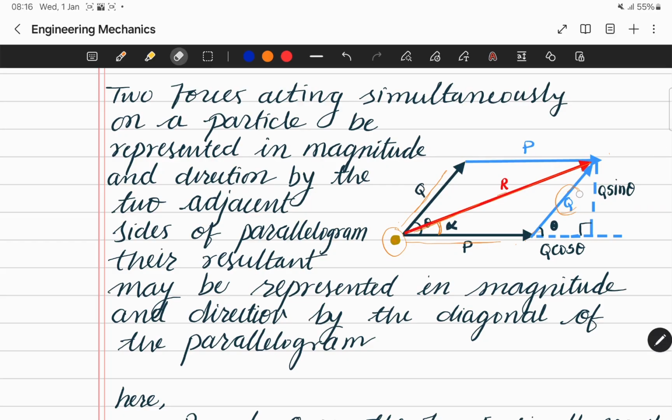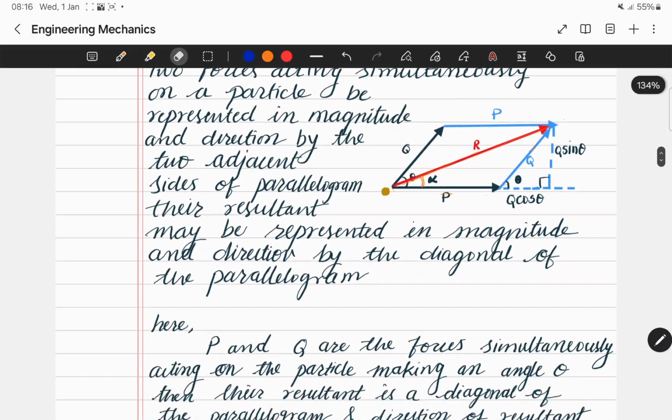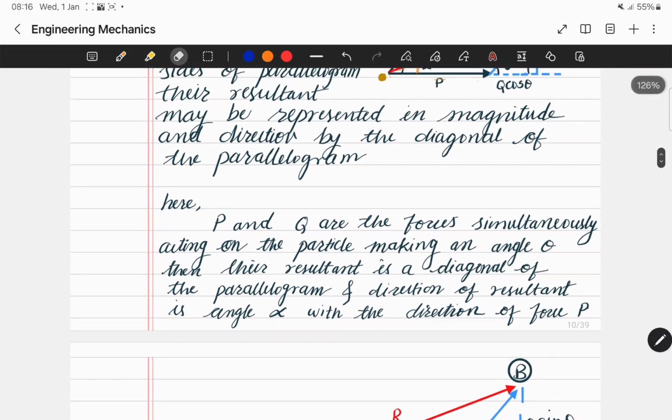Then after that, we will see its derivation.